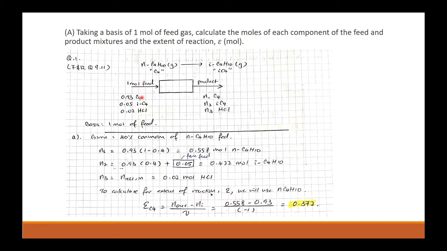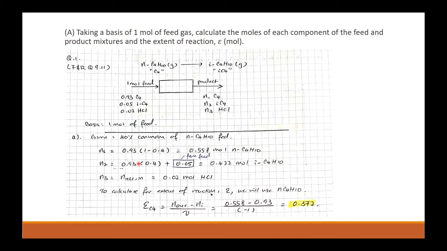Now, given the composition of the feed, we can easily calculate the number of moles of NC4, IC4, and HCl in the feed stream. For the product, we calculate as follows. We were told that only 40% conversion of n-butane is achieved.